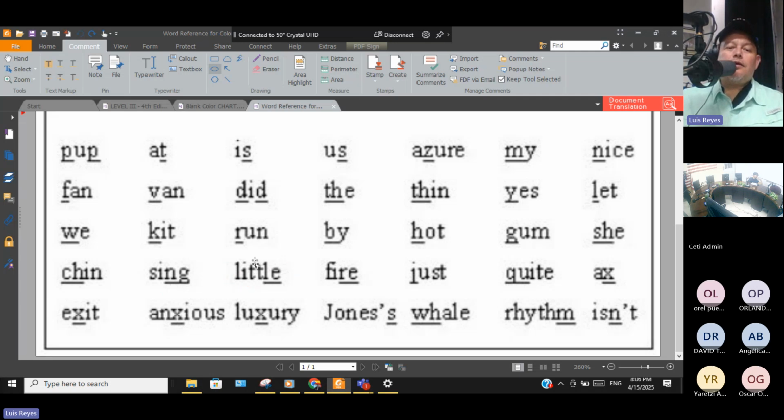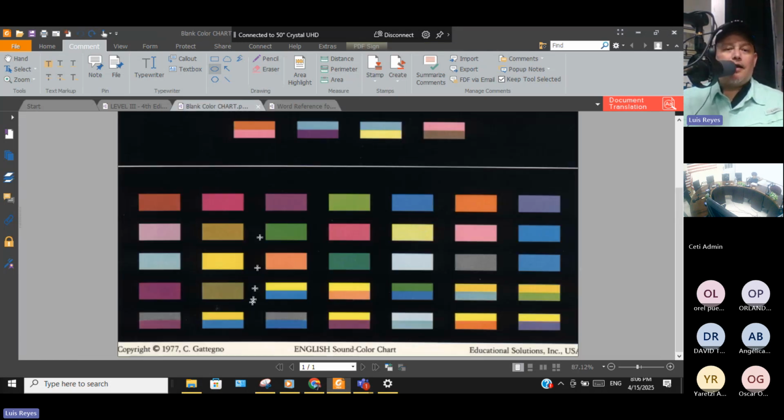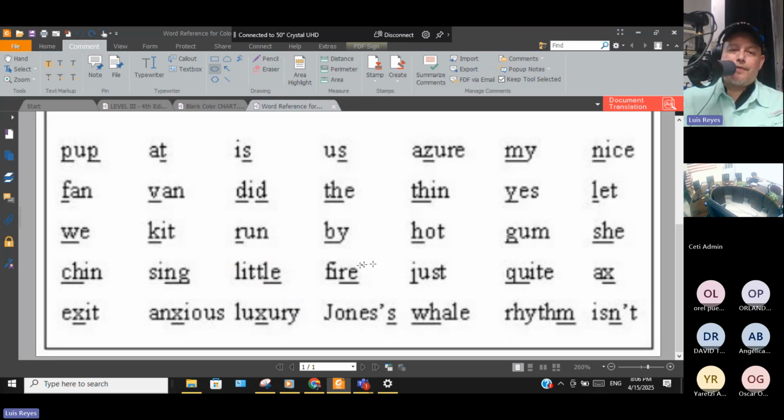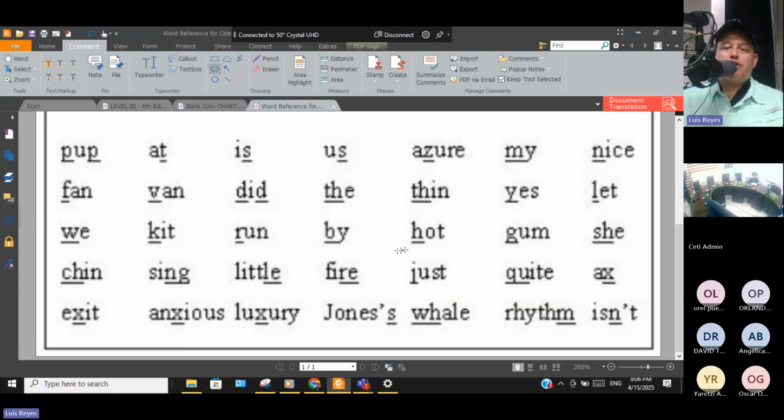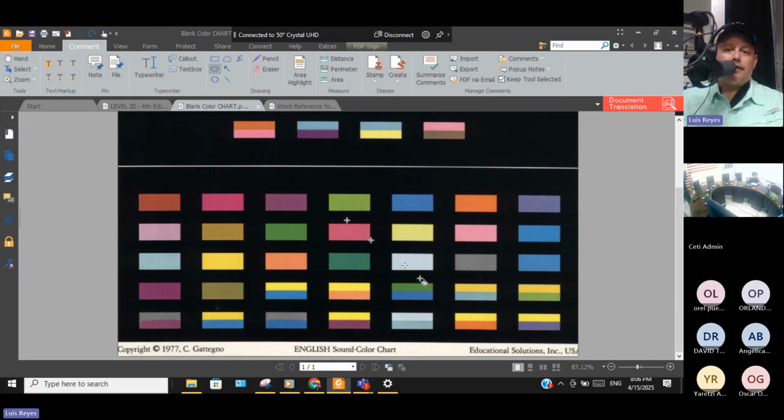Little, L-I-T-T-L-E, on the color chart. Fire, year, F-I-R-E, on the color chart. Just, J, J-U-S-T, J on the color chart.